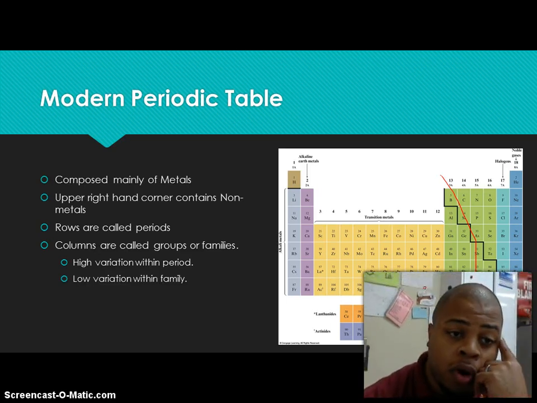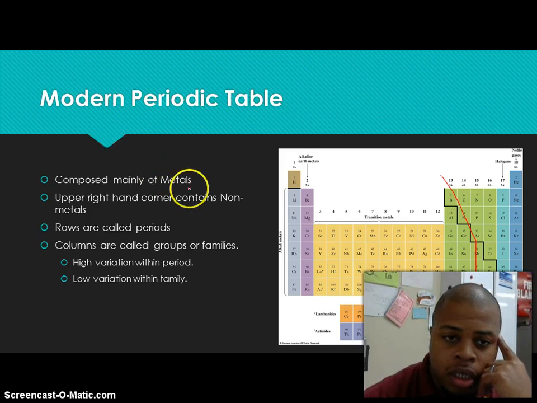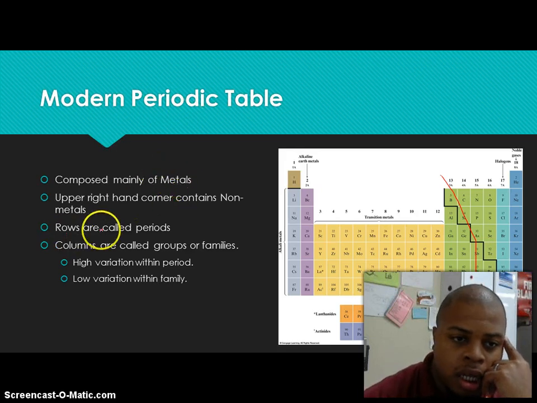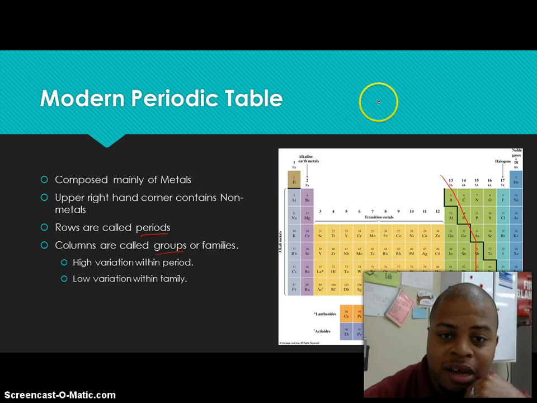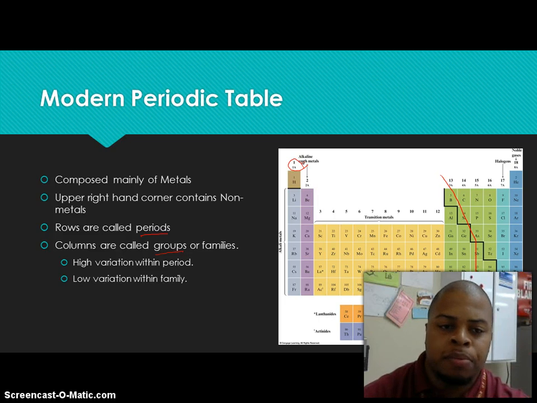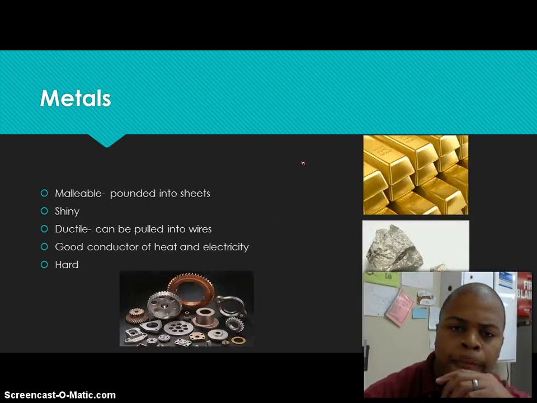Our rows going across are going to be our periods, and our columns are going to be our groups. These numbers at the top for our groups are going to be very important in terms of determining how many valence electrons, how the bonding will happen, and so forth.